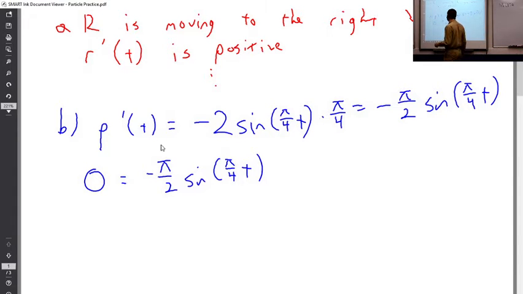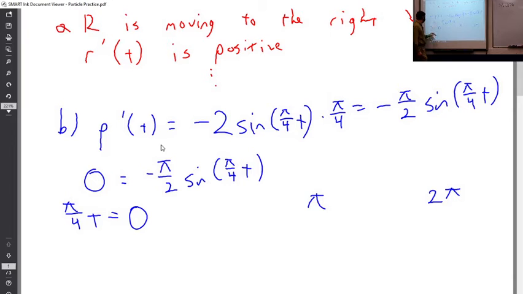And sine is 0 at 0. Sine is 0 at pi. Sine is 0 at 2 pi. So we want what is inside of here to be 0, pi, 2 pi, 3 pi, and so on. Okay? So what will make the thing inside of here 0?